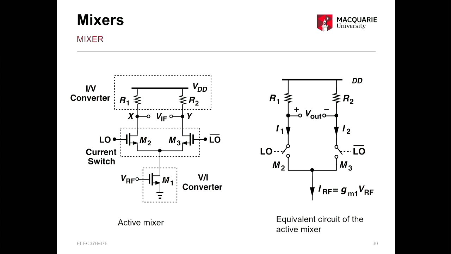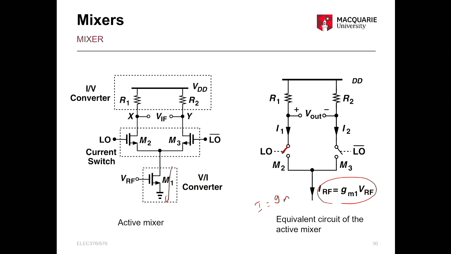An equivalent way of looking at this switch is with a mechanical analog for that. And here you know that the voltage to current converter, the current is gm VGS, or gm VRF, right?